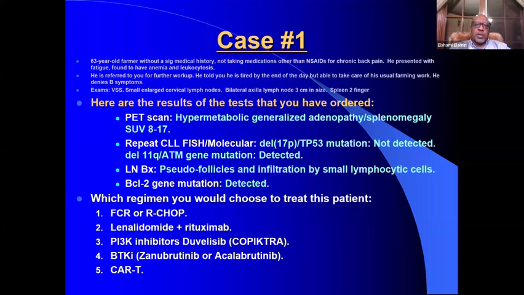Okay. One pick, so we can choose. We have number 5, we have CAR-T and BTKI. All right, well, let's just move and see what is the best option for this patient.